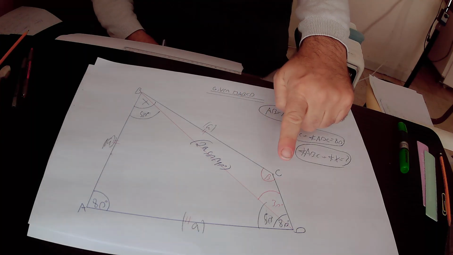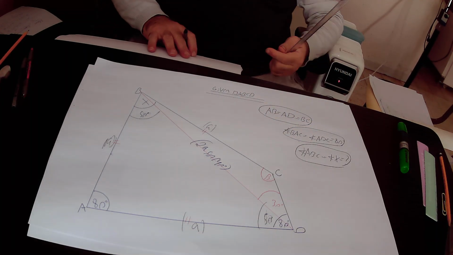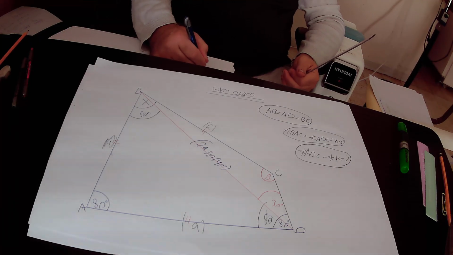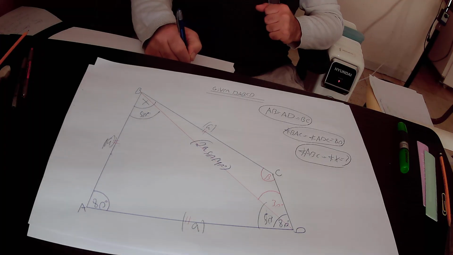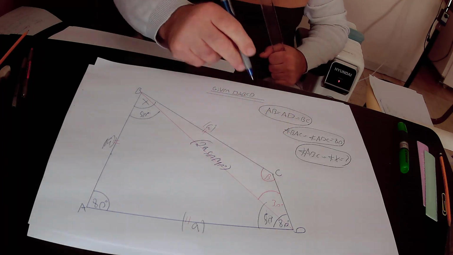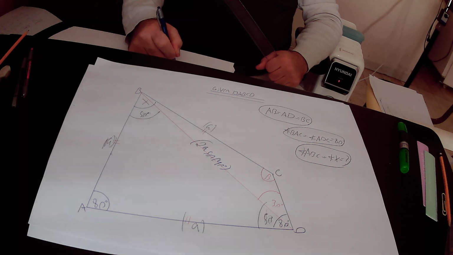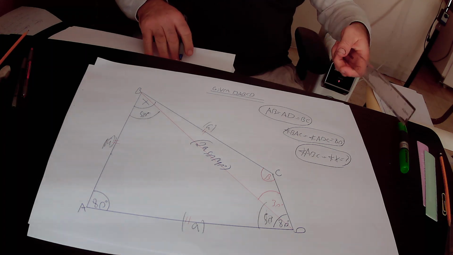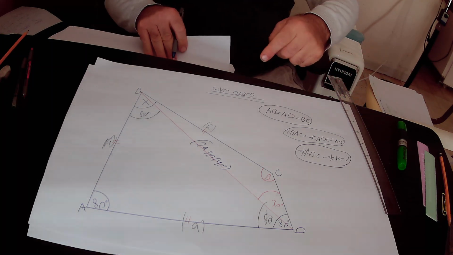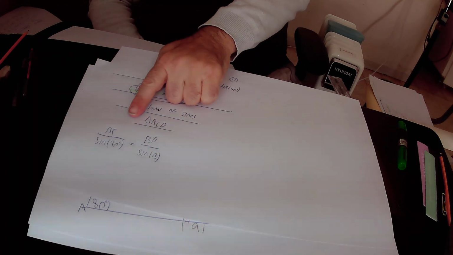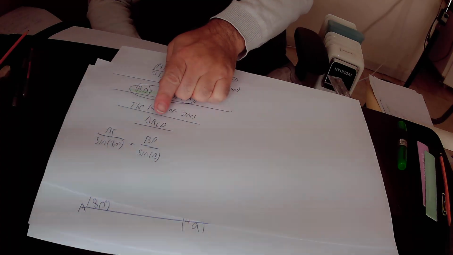BC over sine 30 degrees equals BD over sine beta.